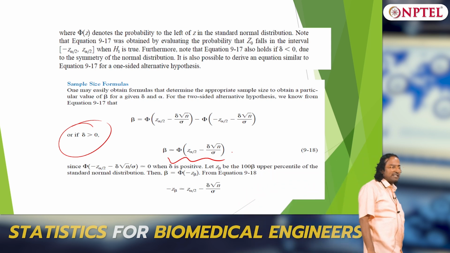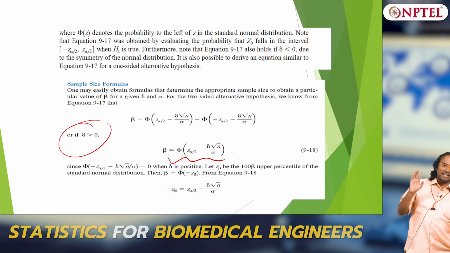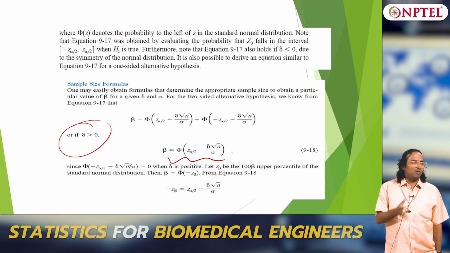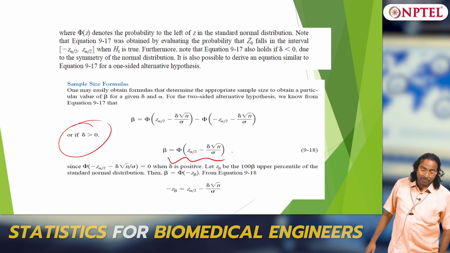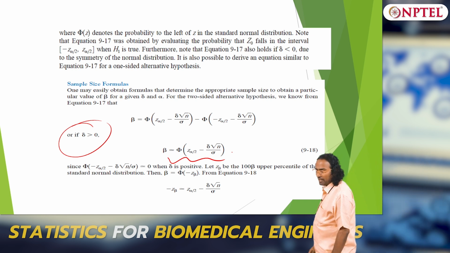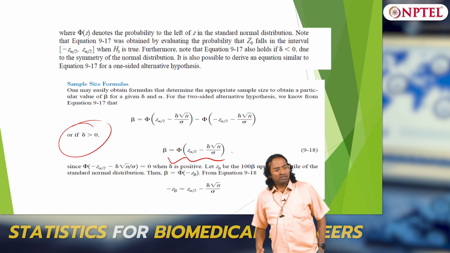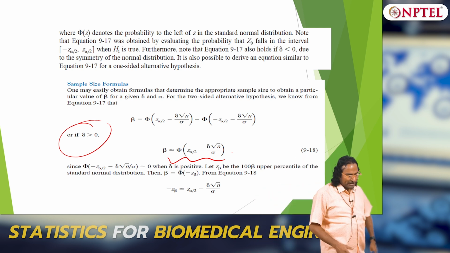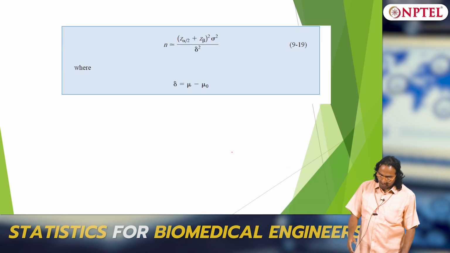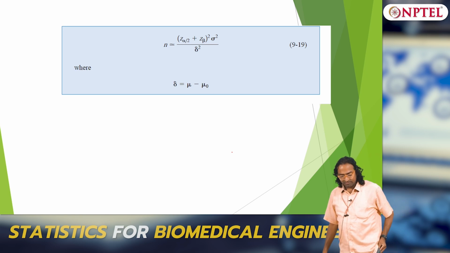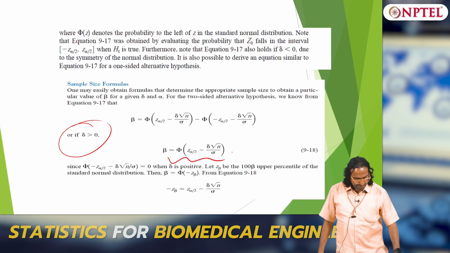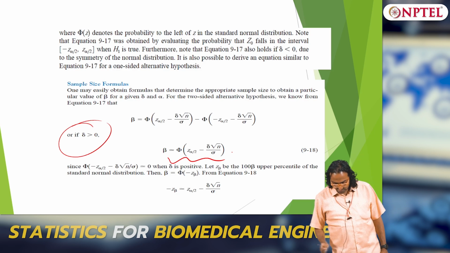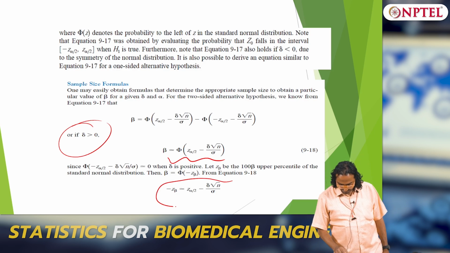At least 80% of the time I will be rejecting the null hypothesis if it is false. Okay. 80% of the time I will be right, 20% of the time I may be wrong. If I want beta to be 0.2, then what is the value of n? How do I derive it? If you rearrange the beta formula, you should be able to do it. Okay. So this is the n value, z beta is the formula I have taken here, this is z beta.